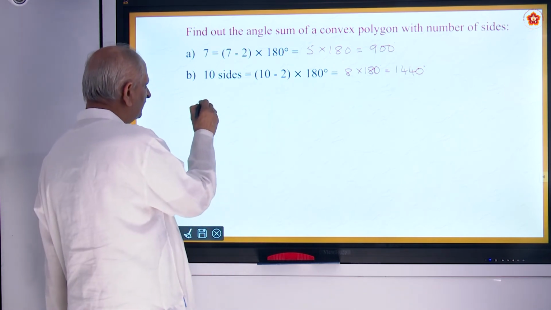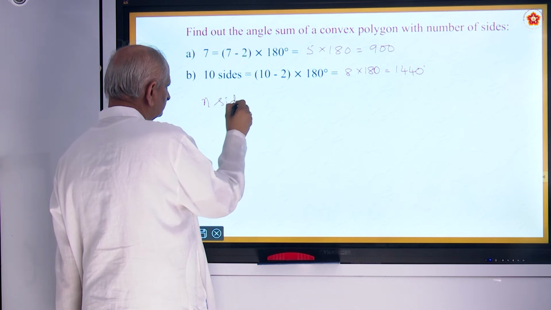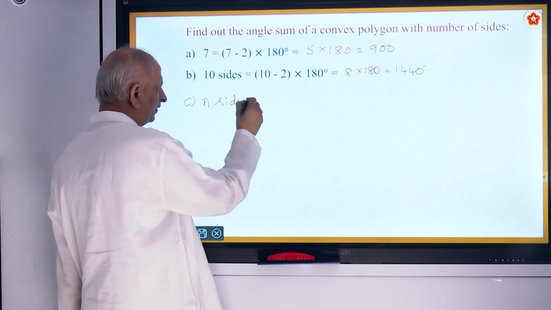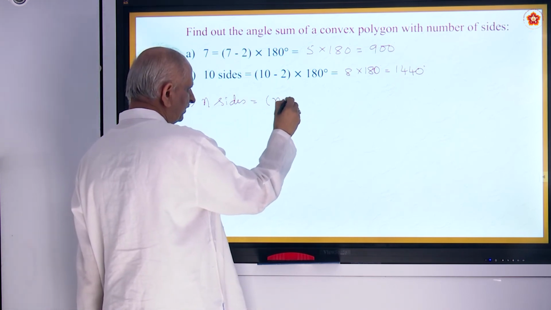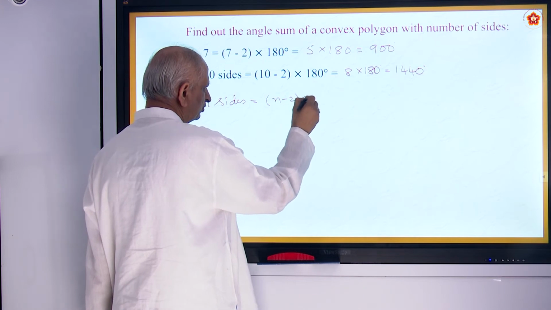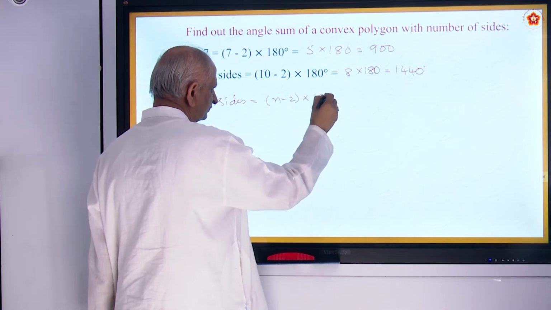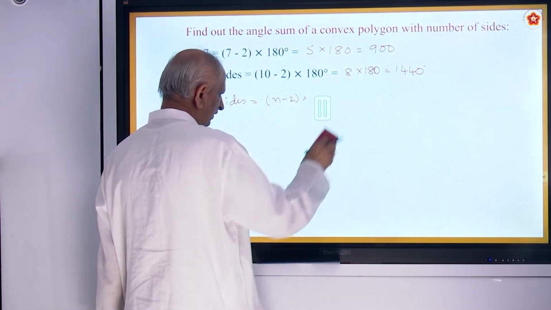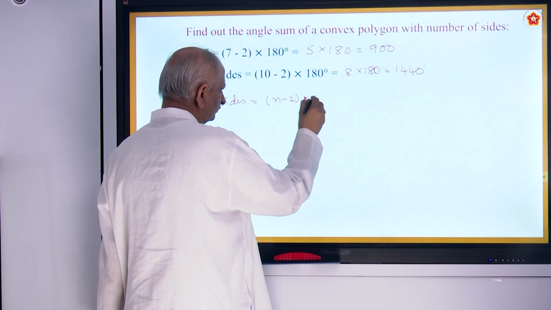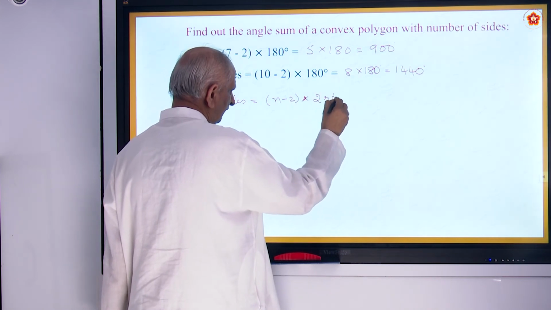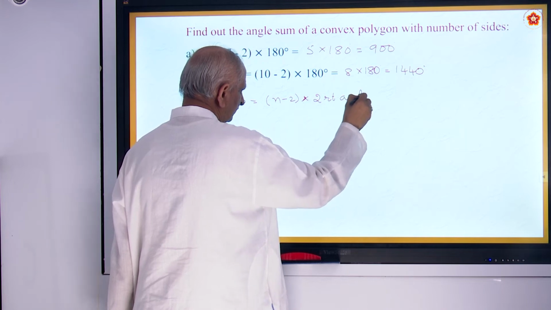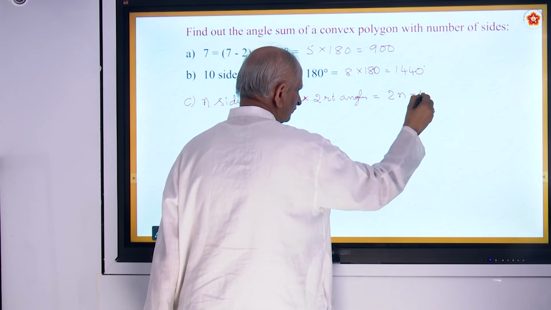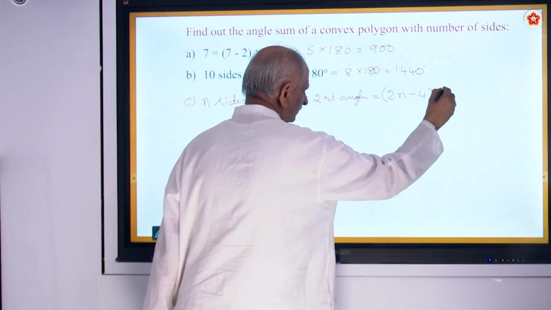Suppose you have a polygon of n sides. What is the formula then? It becomes n minus 2 into 180, correct? Or this 180 can be written as 2 right angles, so the sum is 2n minus 4 right angles.